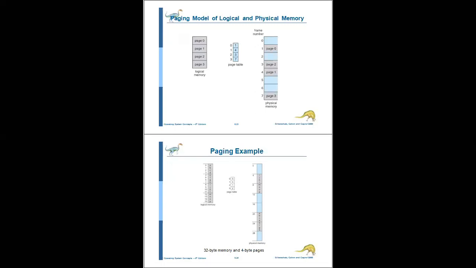For example, if the process size is 3, that means the process contains 3 pages. If the process size is 5, the process contains 5 pages.